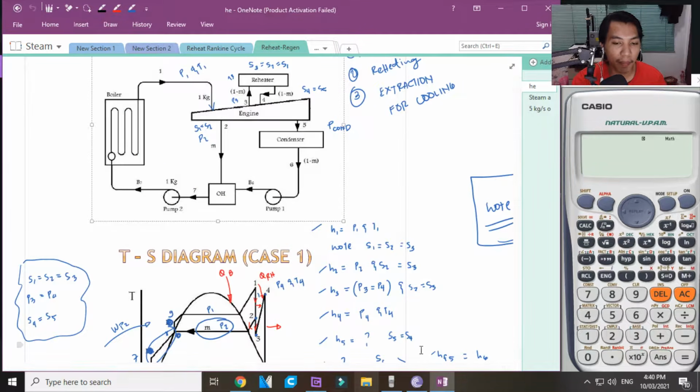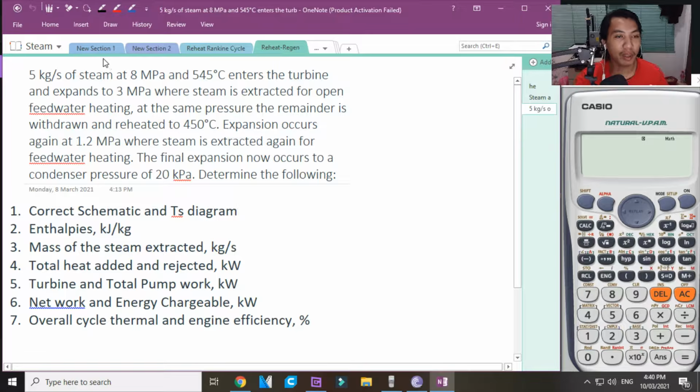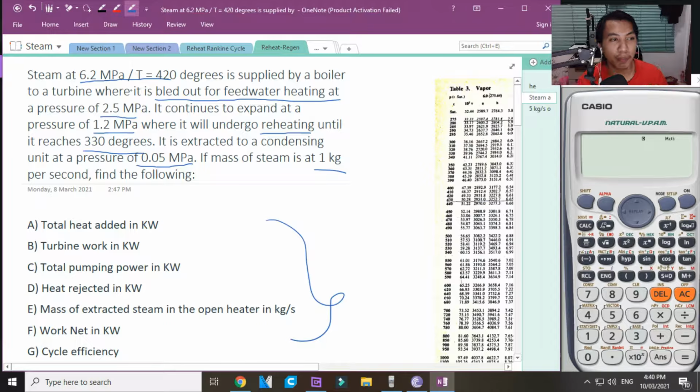Diba, ang sabi niya, nangyari dito, pumasok muna siya sa turbine mo, and then after nun, for feed water heating, this is, pagpasok ng turbine, this is 1, lumabas, for feed water heating, and then lumabas ulit siya, papasok ng reheater, that is third point, and then ilalabas mo ng reheater mo, that is 4, and then this is 5.